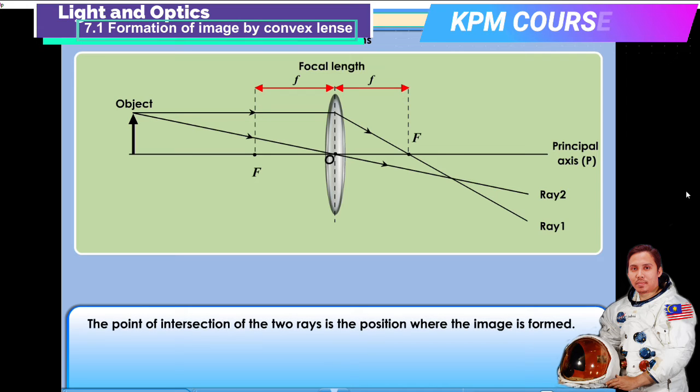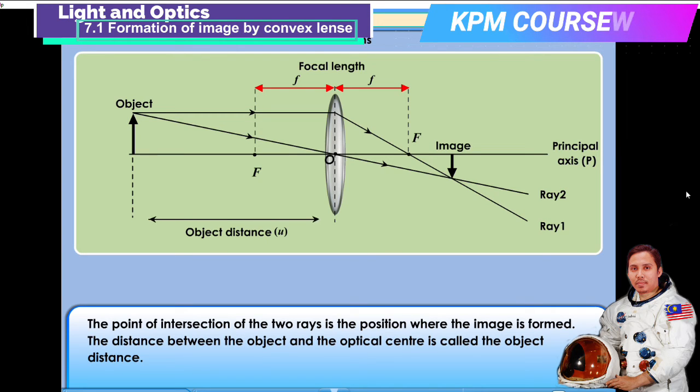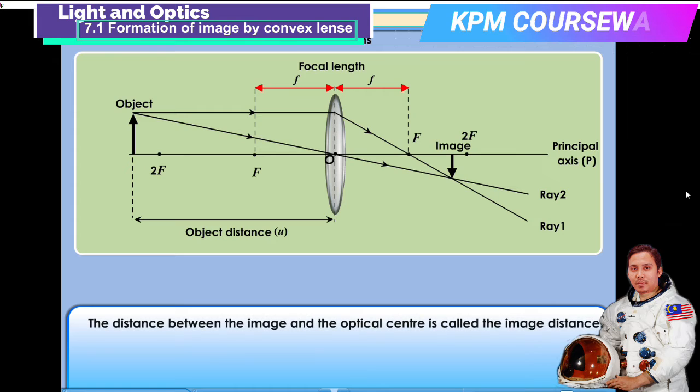The point of intersection of the two rays is the position where the image is formed. The distance between the object and the optical center is called the object distance. The distance between the image and the optical center is called the image distance.